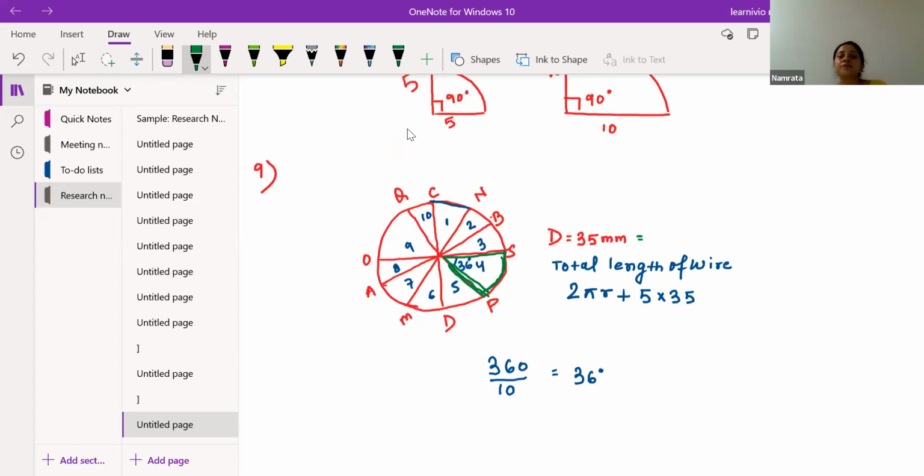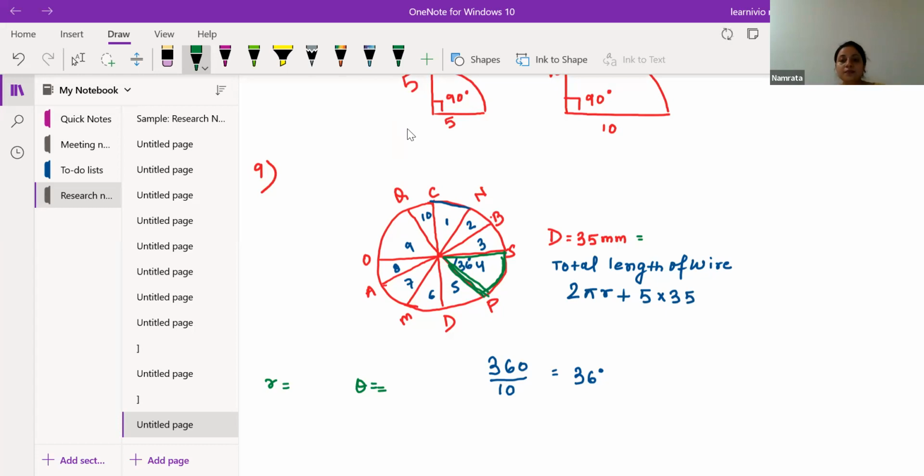Once we know the radius, we use the sector formula to find each slice's area. Or the other method is just to find the area of the complete circle, that is pi r square. R you already know, since diameter is given, then divide by 10 to get the area of each slice, because all the slices are equal, right?